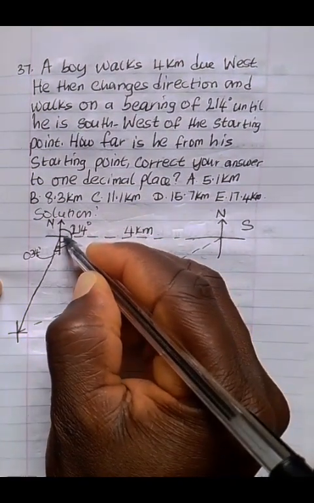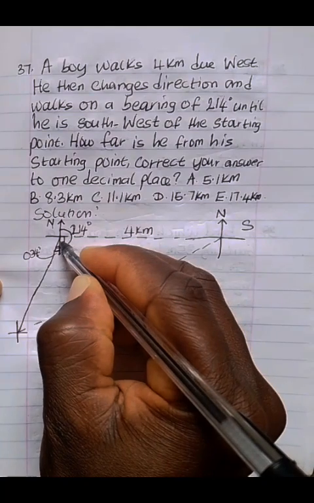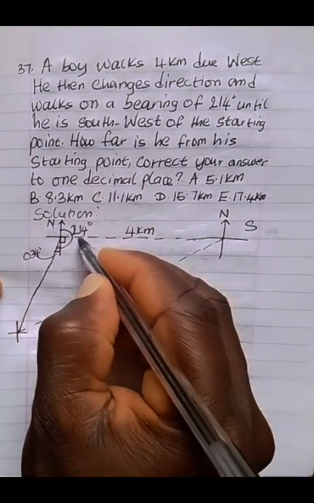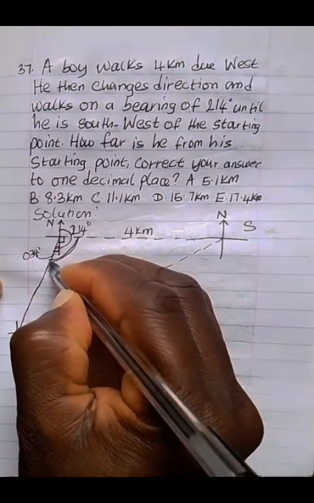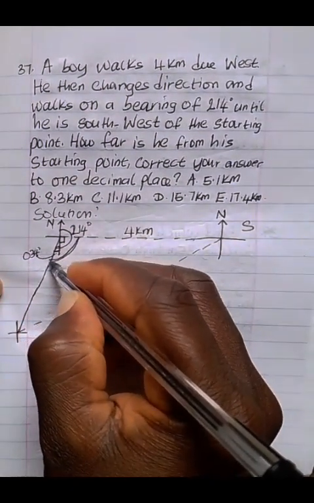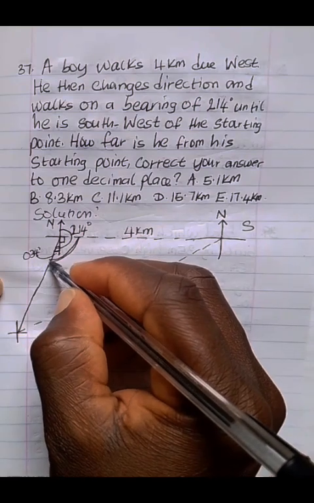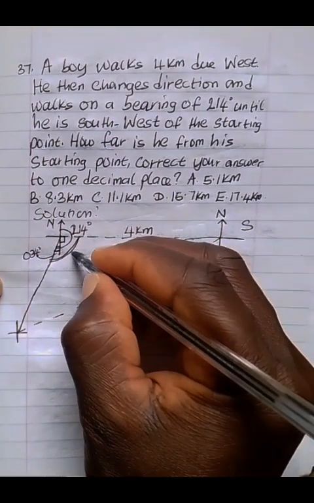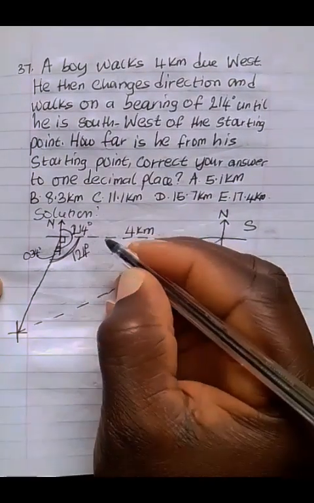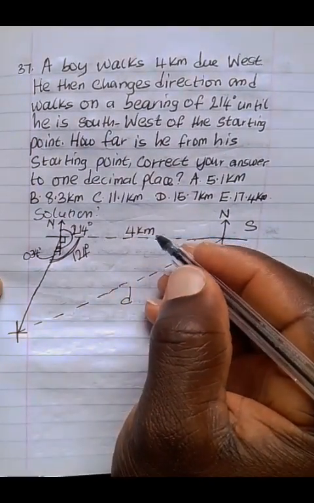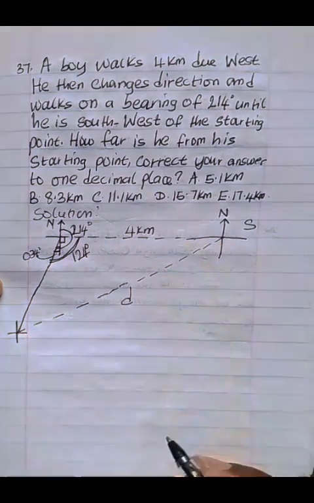From here to this point is 90. So this angle that is needed becomes 90 plus 34 degrees, and that is 124 degrees. Simple analysis.